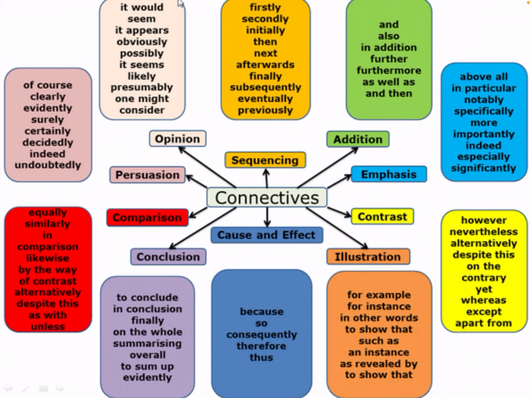Cause and effect is the principle that one thing causes another. A cause-effect relationship is a relationship in which one event, which is the cause, makes another event happen, which is the effect. Okay, understand what I'm saying.